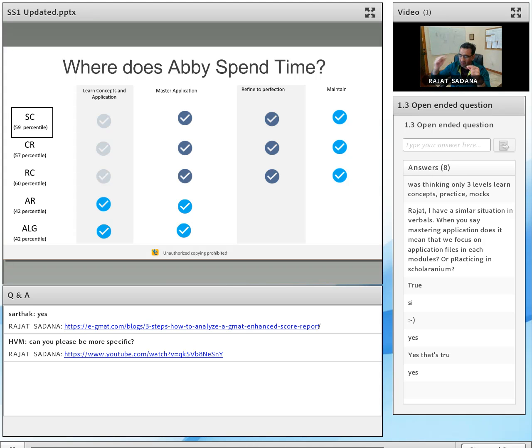But I am confident, regardless of whether it's a short sentence versus a long one, I'll be able to identify its meaning. That's what mastering application is. I'm confident that I know all the 70 or so error types that are tested on GMAT sentence correction.